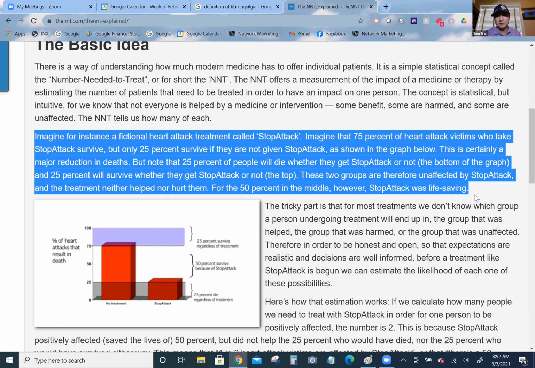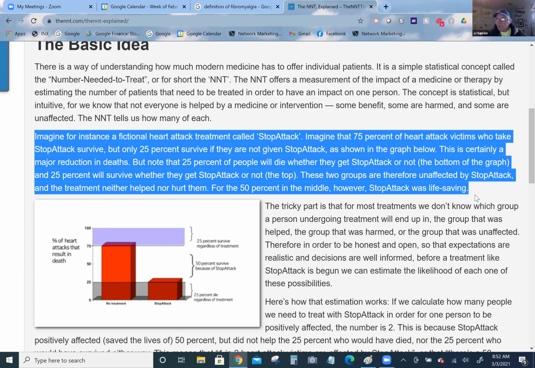But if you only needed to treat one person to save one heart attack, your NNT would be 1. So do you want an NNT of 1 or an NNT of 100 for your drug?